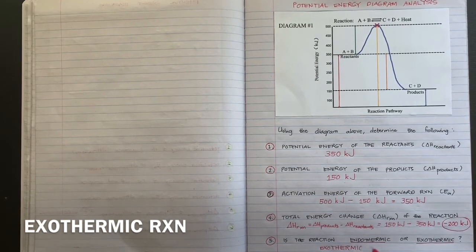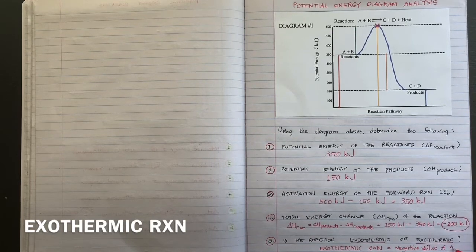And again, an exothermic reaction will always give you a negative value of delta H of the reaction. So take note, a negative value of delta H of reaction always gives you an exothermic reaction.